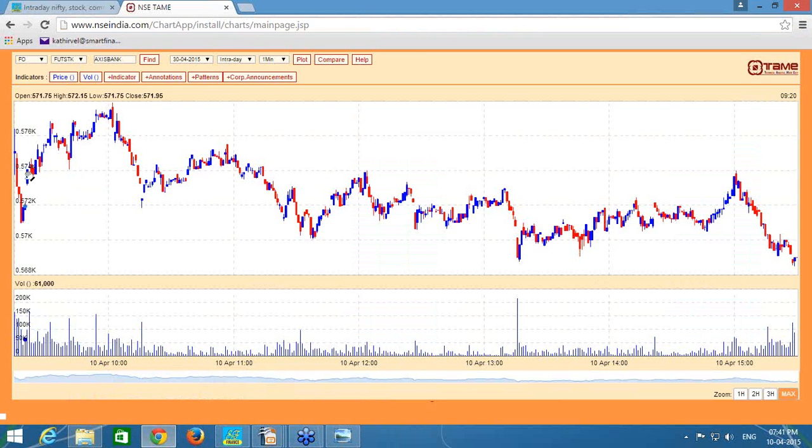The level is 9:20, 9:21. This is the 9:44 level. There was no trend at that time. At the 9:44 level, 76.80 it has come. Then it has come to a level of, I think, 77.90, 78. From there it has toppled down.